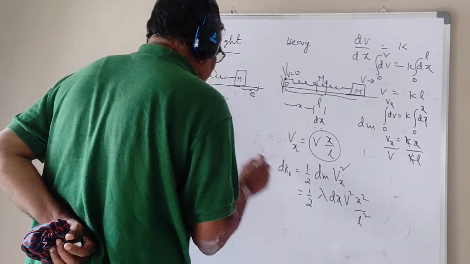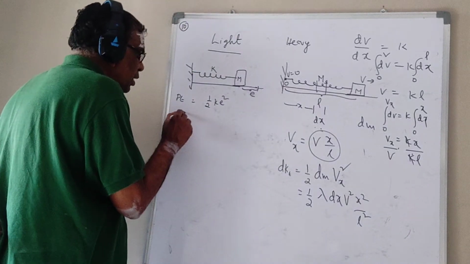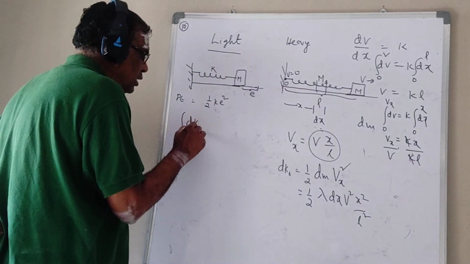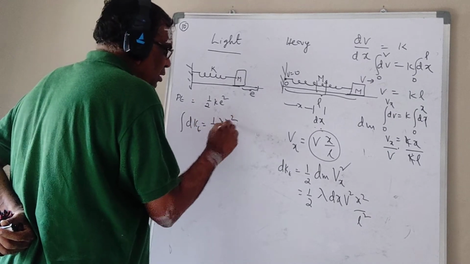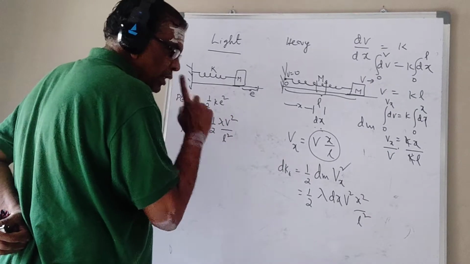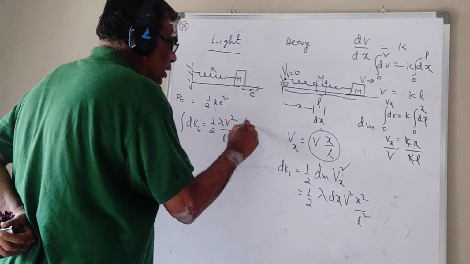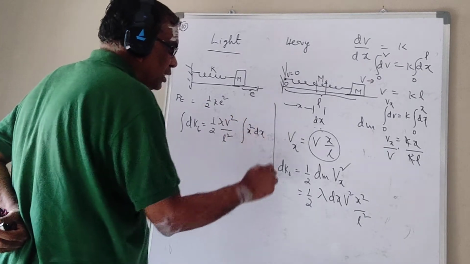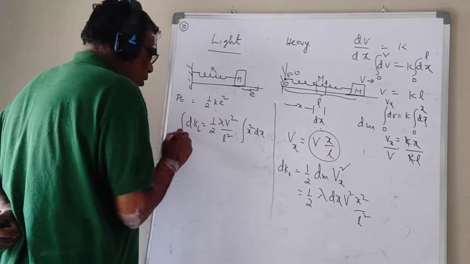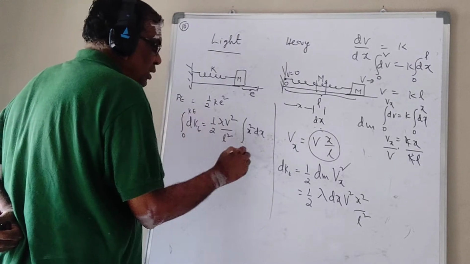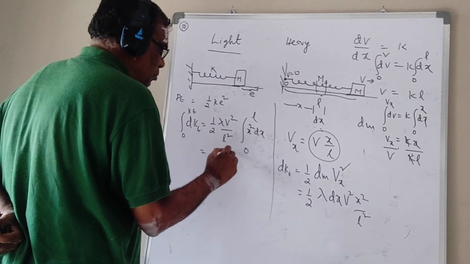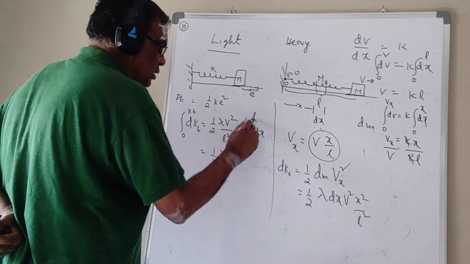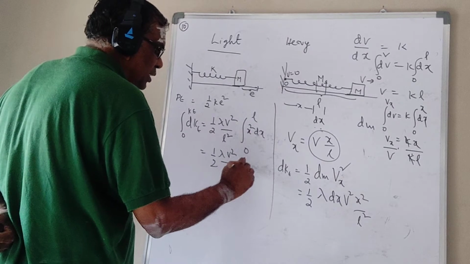So now the next step is integral dK is half lambda V squared by L squared integral x squared dx. Now 0 to K, 0 to L, you have half lambda V squared by L squared x cubed by 3.